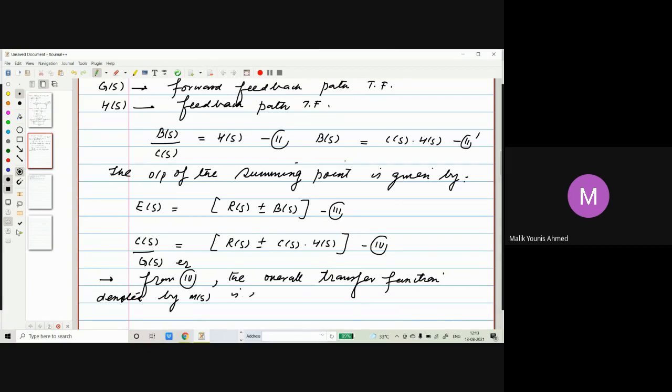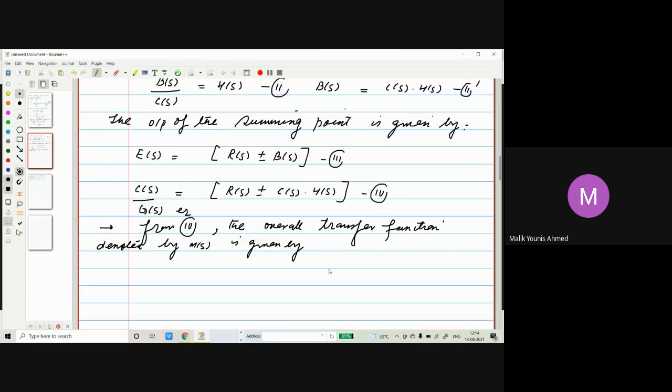Overall transfer function is given by C of S by R of S, we are writing as M of S.